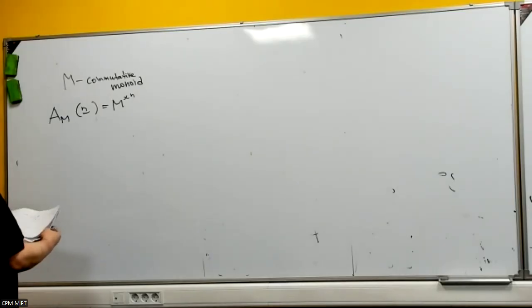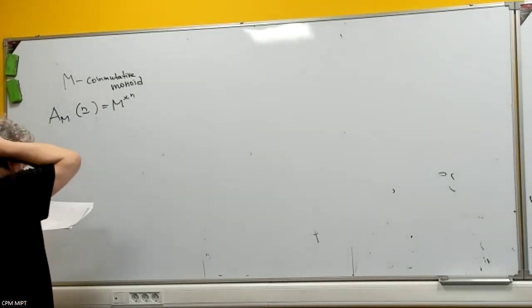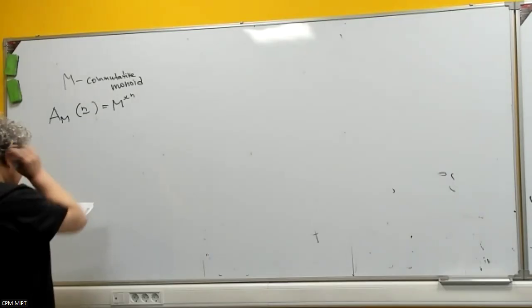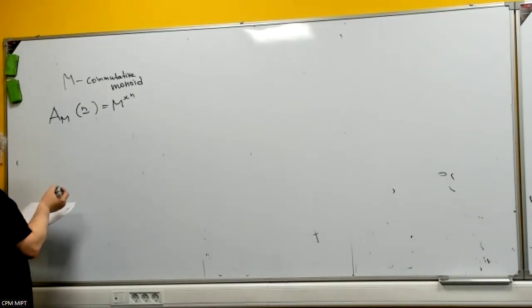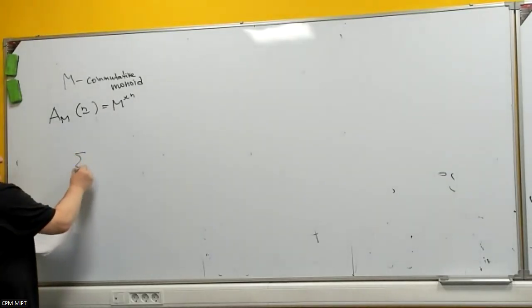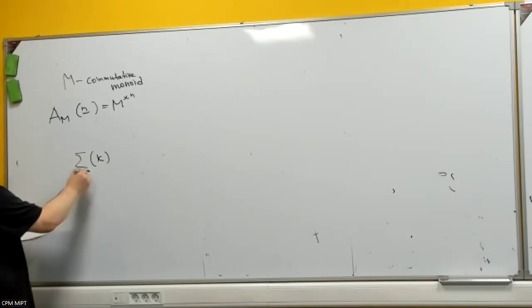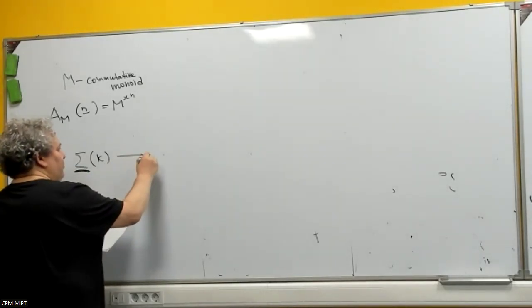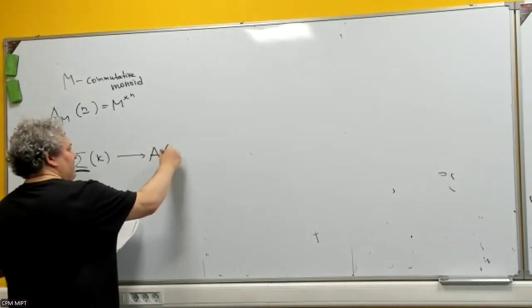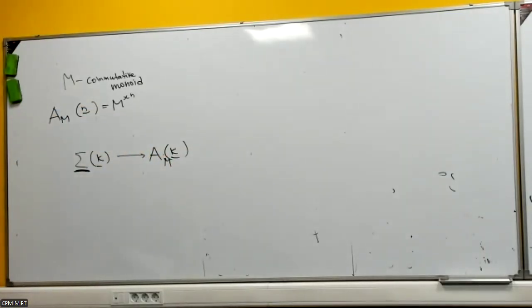Yes, so what I'm going to do, I will construct from this sigma n, sigma k, where this is the gamma space I work with, a map to A of k, where A is my A_M, but after that for general A.